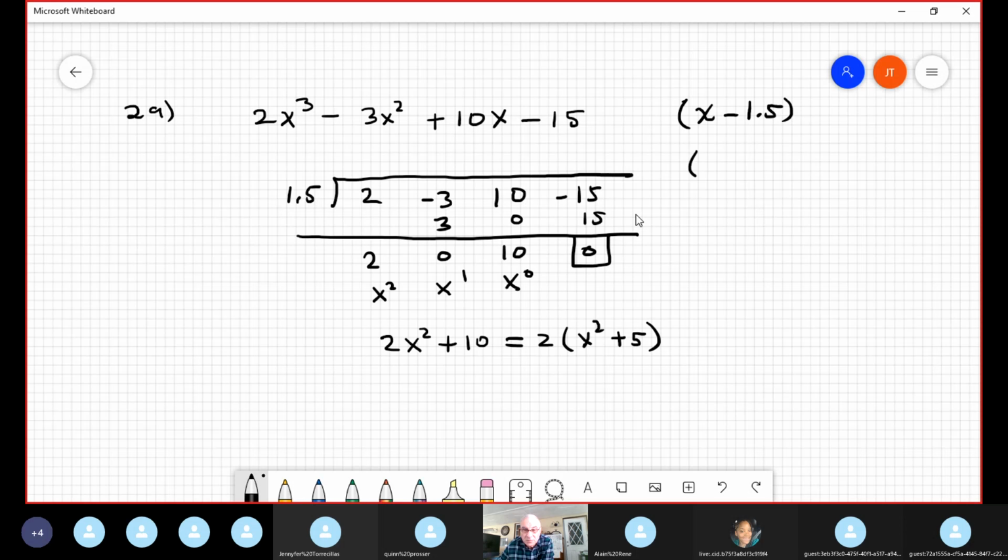And this factor, let me try to do something. This is x minus 3 half. Que 3 half is 1.5, ¿no? Entonces, if you put this together, I can multiply by 2 this guy. Now you have 2x minus 3. Wow. Entonces, what is the factorization, professor?